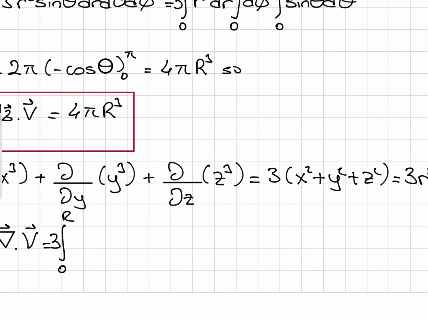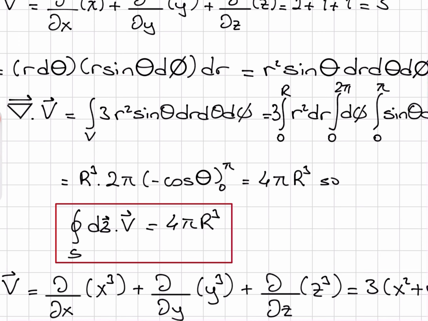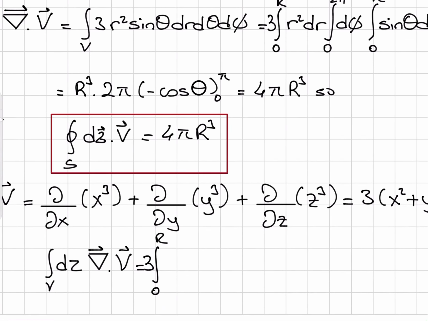R squared multiplied by my d tau, r squared sine theta dr, I'm going to get r to the 4th power dr. The phi integral is 0 to 2 pi d phi, and then I have the theta integral 0 to pi of sine theta d theta again.